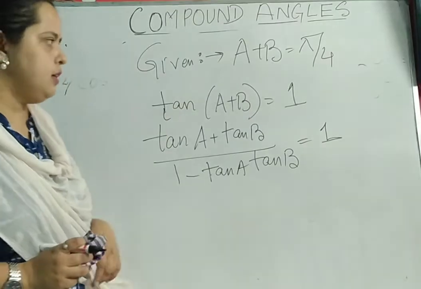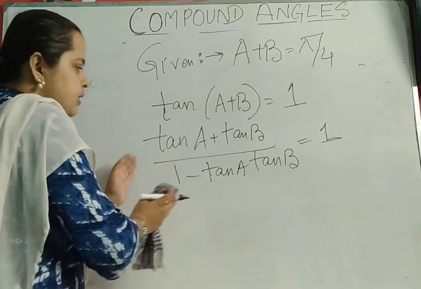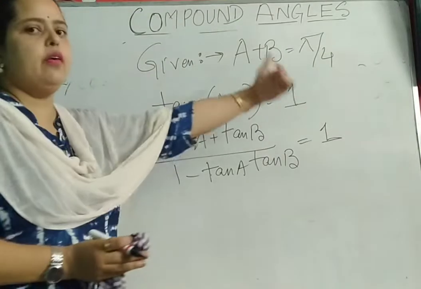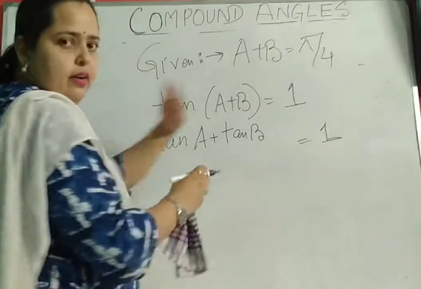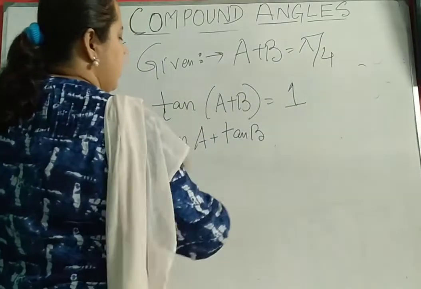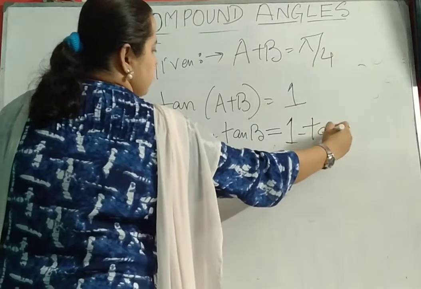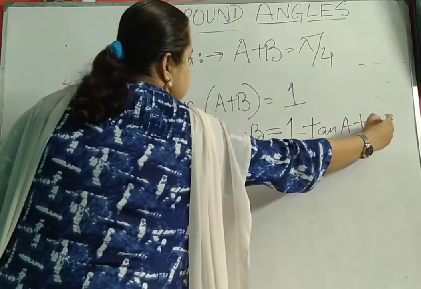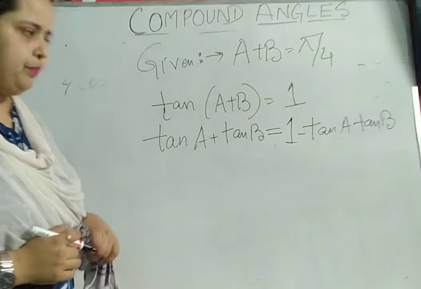This is a formula we have just discussed. So I'm bringing this denominator to the right hand side. So if this is going there, what happens to the RHS? It is becoming this. Is it clear?